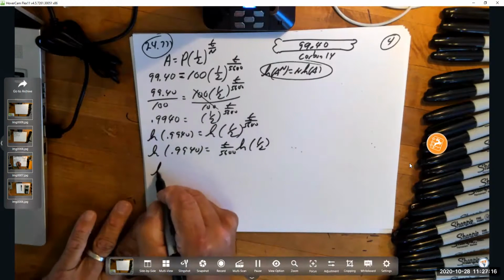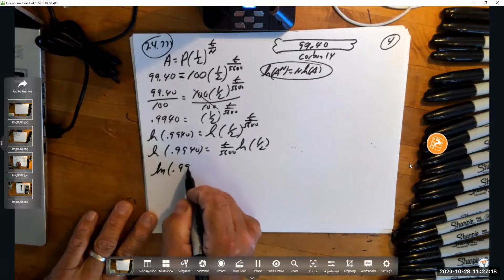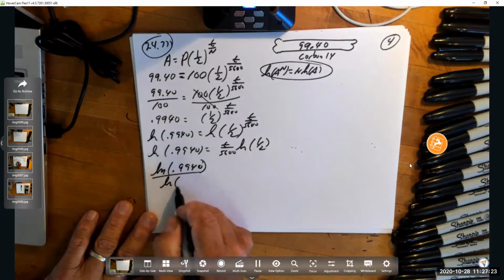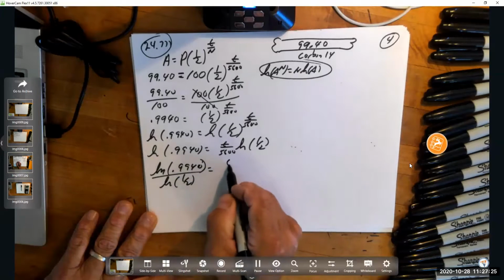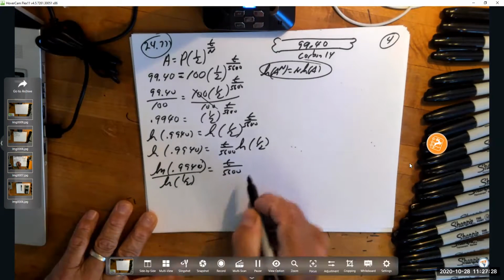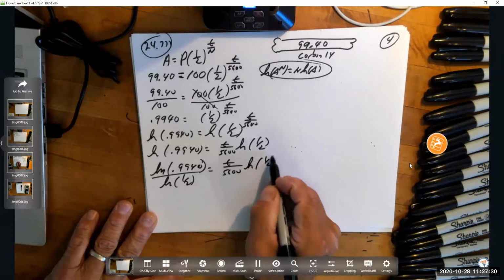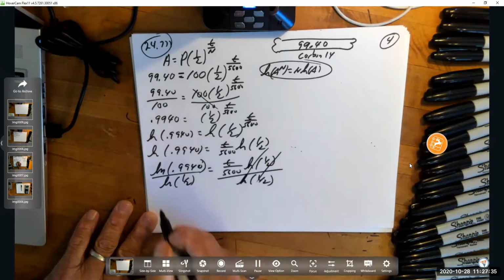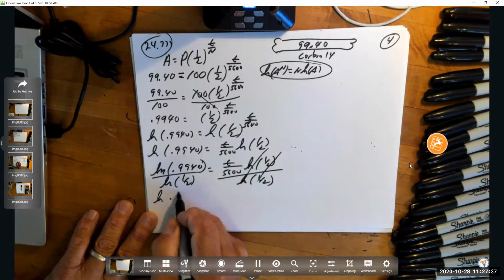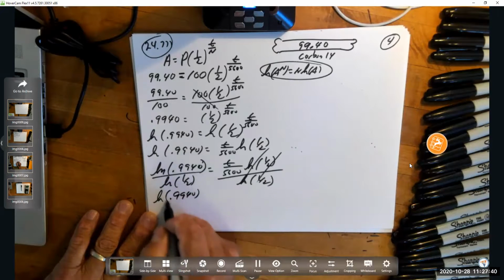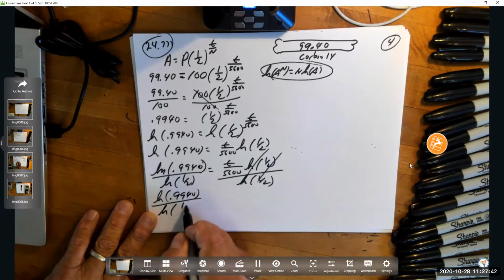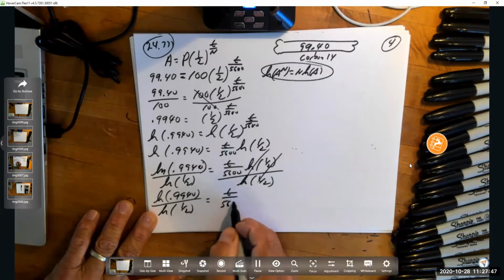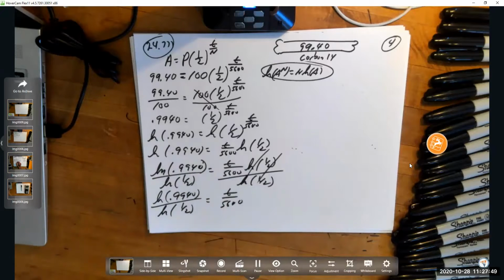So now let me tell you what the next step is going to be, so you can just follow me. I'm going to divide this by ln of half, and I'm going to divide this one by ln of half, like this. So I know these are gone. So ln of 0.9940 divided by ln of half is t over 5600. Okay, that's what I got so far.